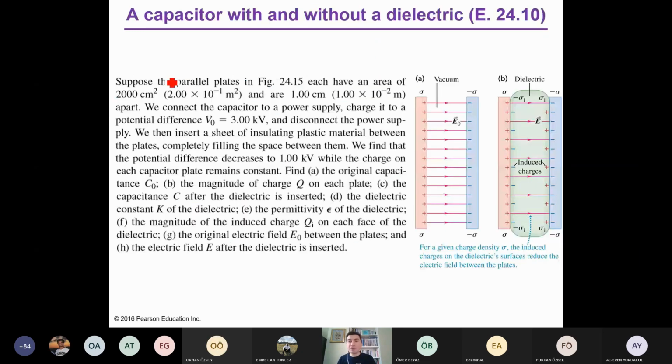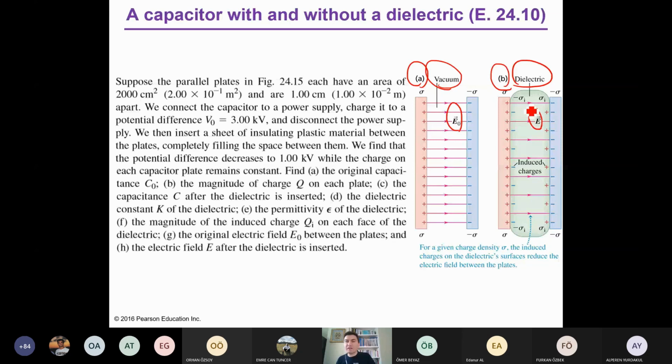Okay, let me continue with example 24.10, a capacitor with and without dielectric. I have already discussed this, you remember this picture. In the first case, we have vacuum within the plates, and in the second case, we have a dielectric material between the plates. And you know that the electric field between the plates will change after inserting dielectric material, and we will produce induced charges within the dielectric material.